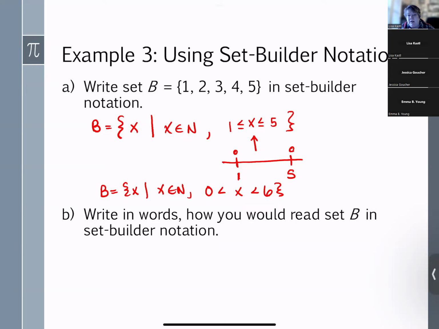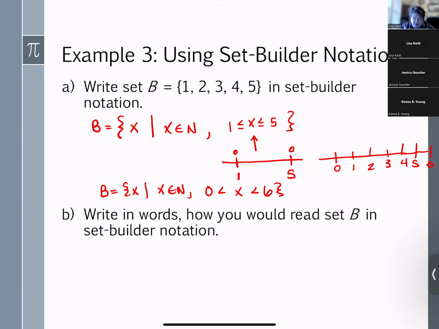I said, probably not, because 0 is not a natural number. 0 is a whole number. We'll talk about that in a minute. But we could say something like that. So what numbers are between 0 and 6 on the number line? Ran out of room here. Are the numbers 1 through 5 the numbers on the number line between 0 and 6? So we could do something like that.